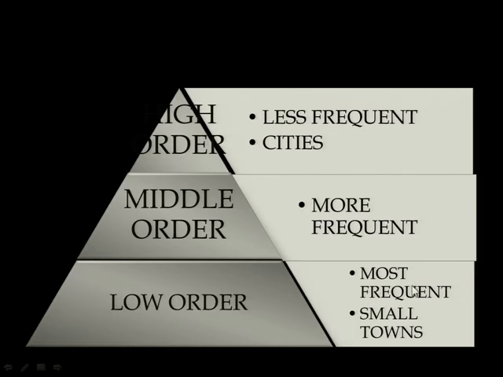We buy small things from these small towns, like supplies for today. We buy our groceries at these towns. If we stay away, we just travel, buy groceries, and come back. We buy them most frequently, so small towns have a lower order.